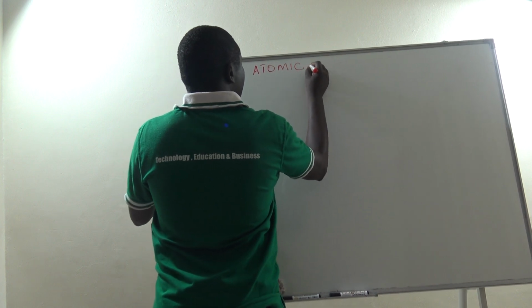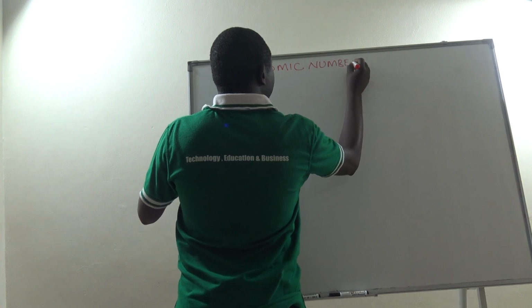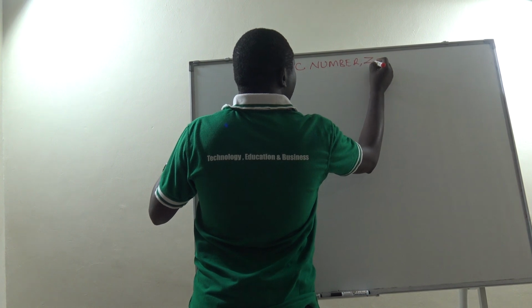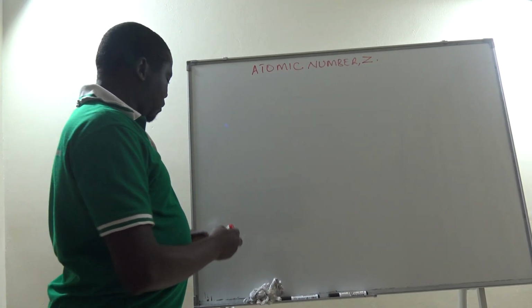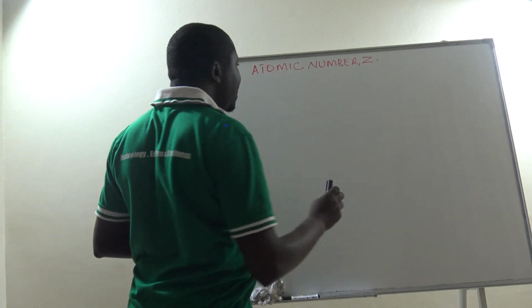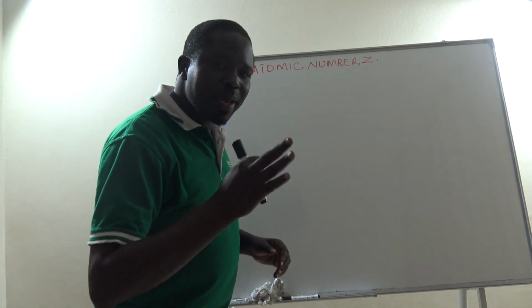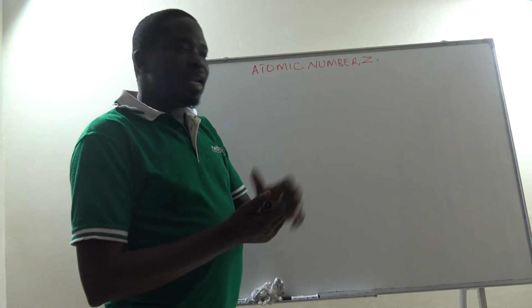Atomic number. An atomic number is always denoted by capital Z. So, we had said that in an atom of an element, we have got the subatomic particles, which are protons, neutrons, and electrons.